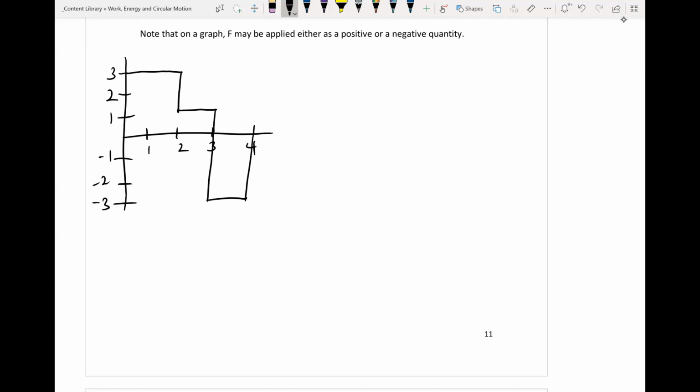Okay, so here's our graph, and we want to find work, which is the area underneath the curve. There are 3 areas we can consider. This can be the first area. This is the second area, and this is the third area. Note that the third area is going to be a negative area because it's underneath the x-axis.